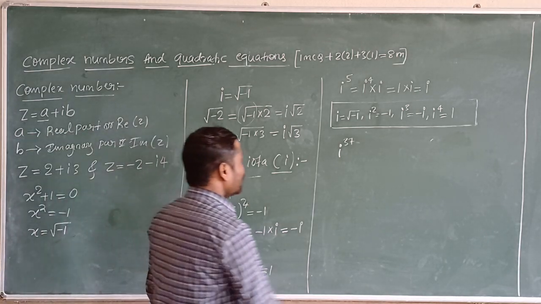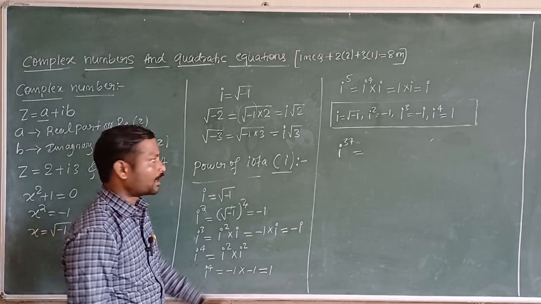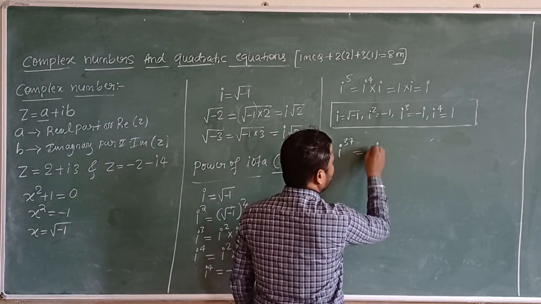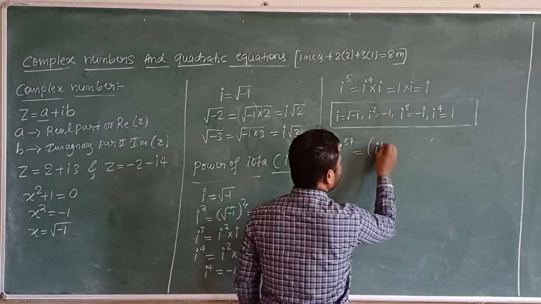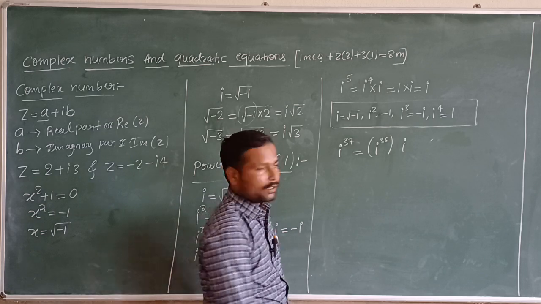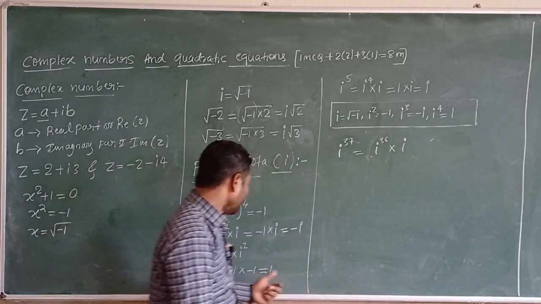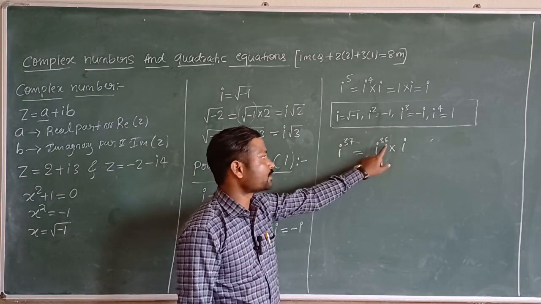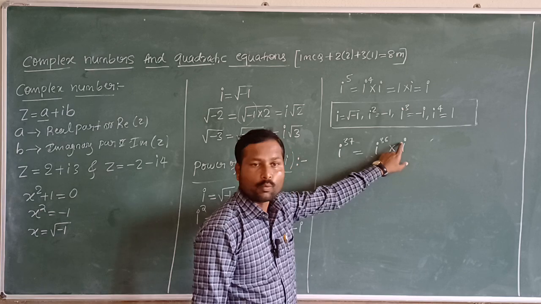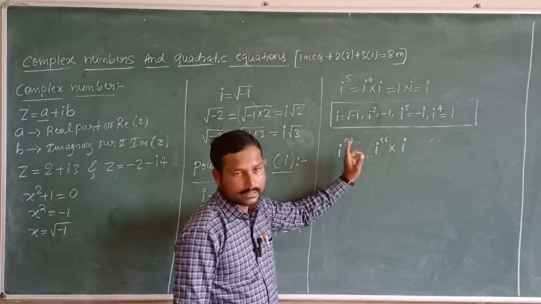See here, we know that iota power 4 is 1. So I adjust it like this: i to the power 36 on one side and iota on the other side. Why? 4 nines are 36, the remaining is 1 time, which I give separately. I to the power 36 into i becomes i to the power 37 only.